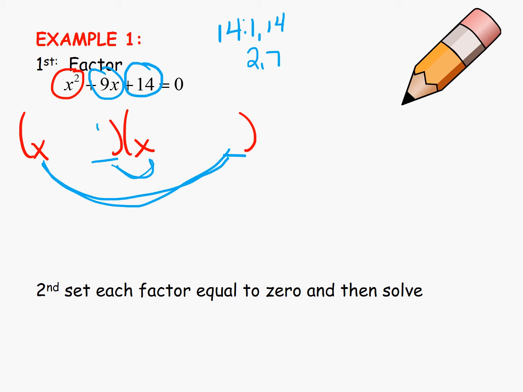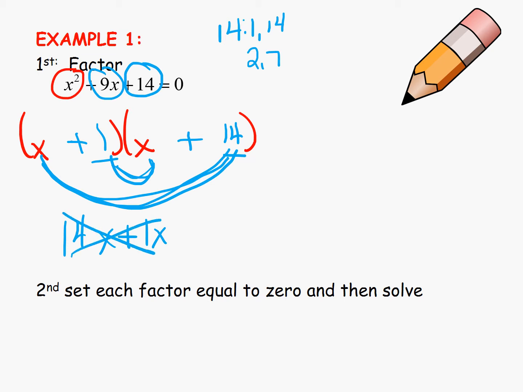If I put a positive 1 and a positive 14 here, x times 14 is 14x, and 1 times x is a plus 1x. Well, 14 plus 1 did not get me back to the middle term 9x, so I know that I'm going to need to use the other factors.